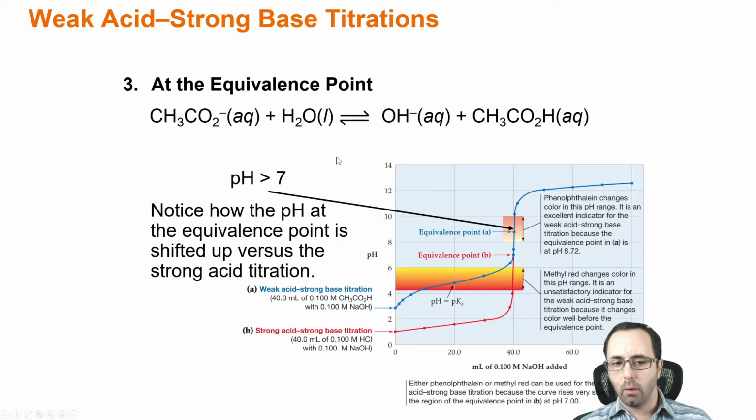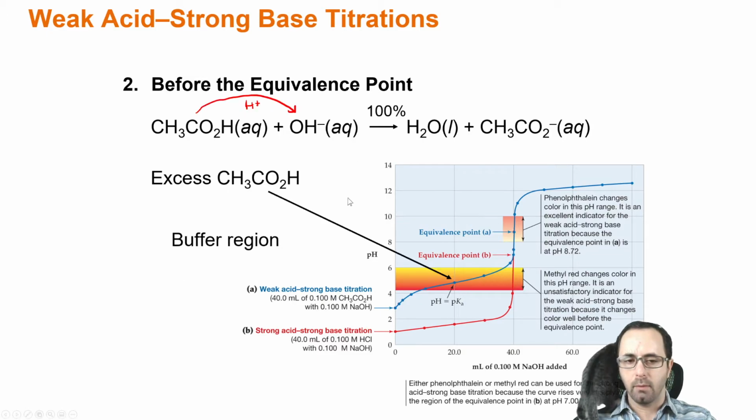When we get to the equivalence point, at this point, we will have used up all of the acetic acid. So at the equivalence point, what this means is that these two, this is the stoichiometry, these two, this is the same as this. And so these completely neutralize each other.